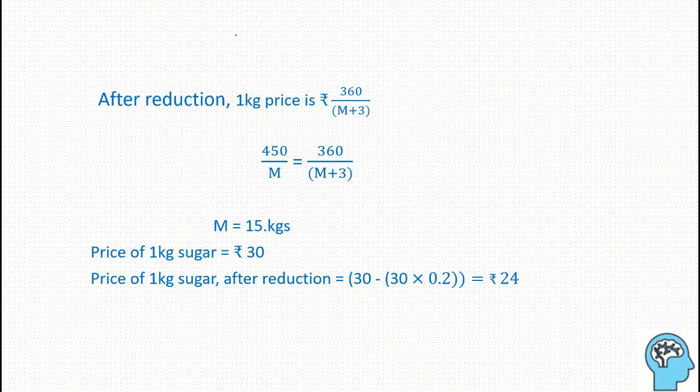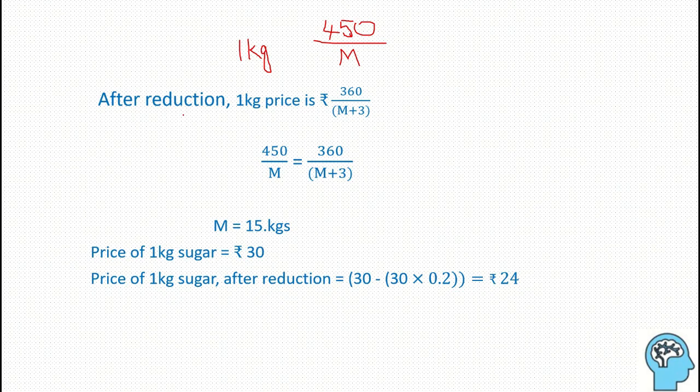So before reduction, 1 kg of sugar cost 450 by m.